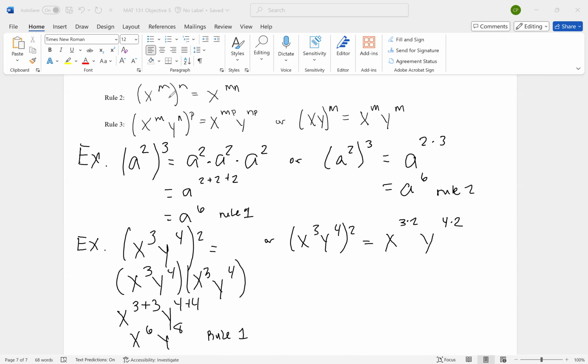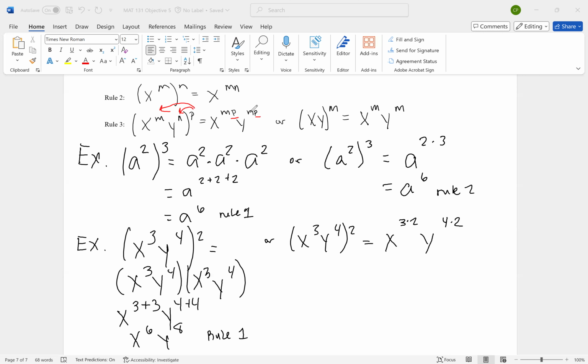So with rule number 3, it's like we're bringing that exponent in, okay? In a previous class, somebody said it's kind of like the distributive property.